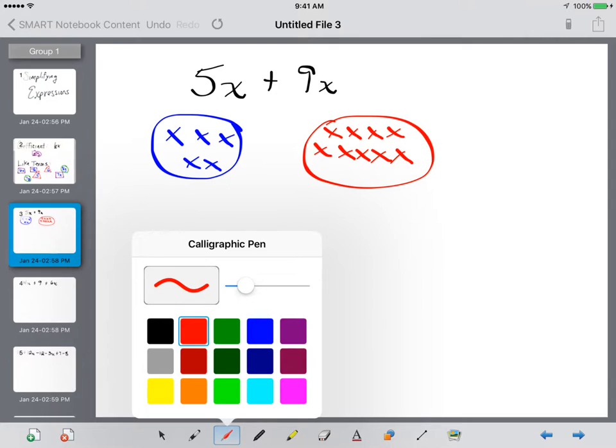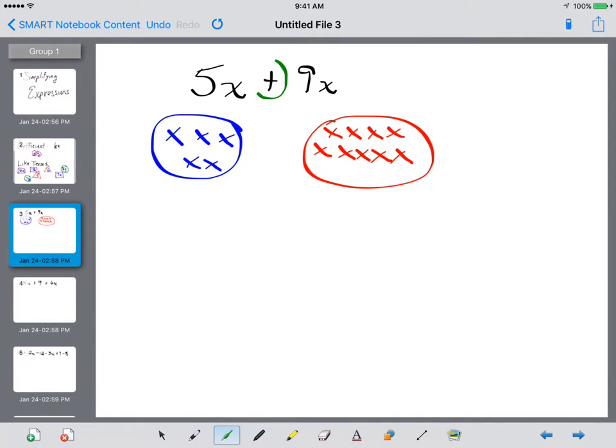And now the operation that's putting them together is an addition sign. So if I had 5 in this bucket and 9 in the red bucket, altogether there are 14 x's. So 5x plus 9x is 14x.